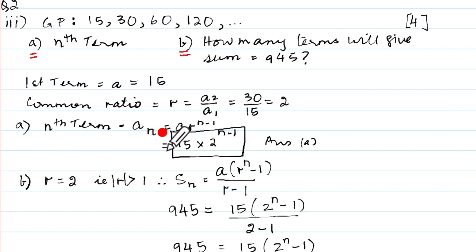The nth term is going to be an, which is ar to the power n minus 1. Now a is 15 multiplied by 2 to the power n minus 1. And that would be our answer. We cannot simplify this anymore. Okay, so you will probably get 1 mark here and 1 mark here, and then B part will be for finding the number of terms.